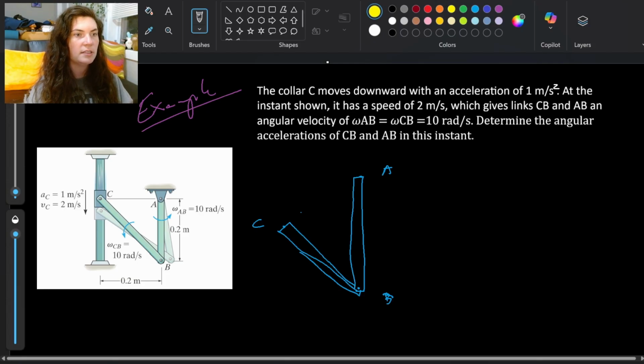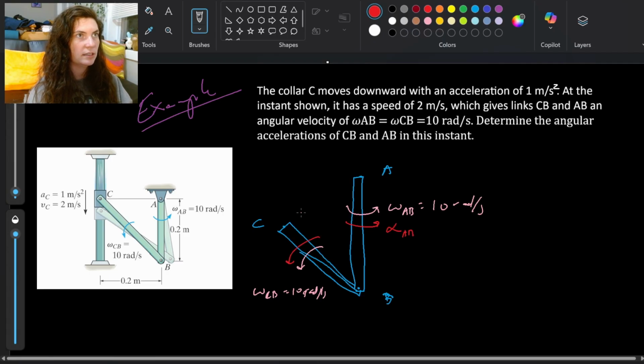So writing down some of the things that we notice here, we know that we're given the angular velocity AB is 10 radians per second. We know at CB it's also 10 radians per second. And so we're going to go ahead and just make the assumption that those alphas are the same, that those angular accelerations are in the same direction. Could be wrong, could be decelerating, could be going the opposite way.